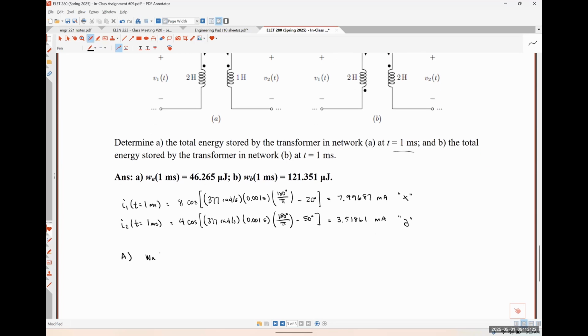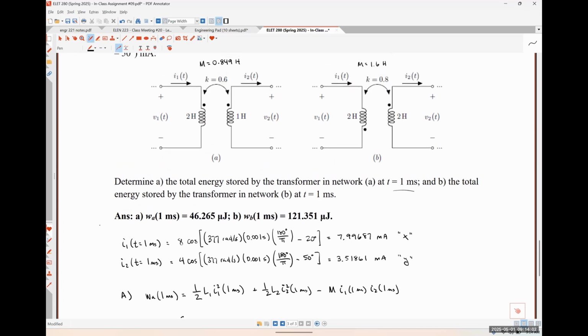So WA at 1 millisecond is just going to be 1/2 L1 I1 squared at 1 millisecond plus 1/2 L2 I2 squared at 1 millisecond minus M I1 at 1 millisecond I2 at 1 millisecond.